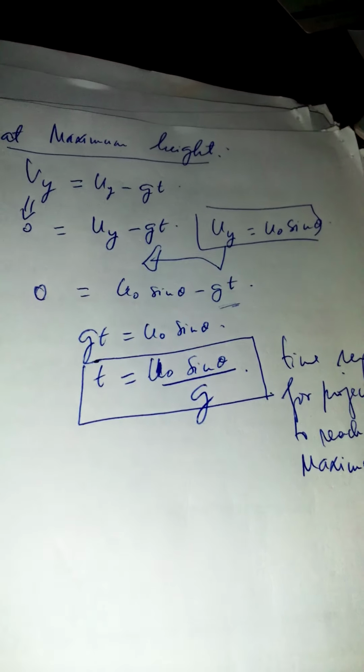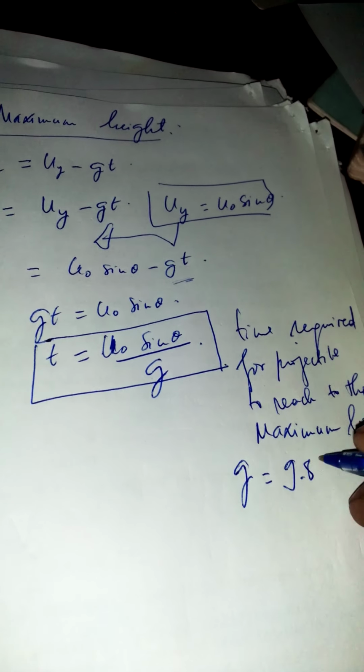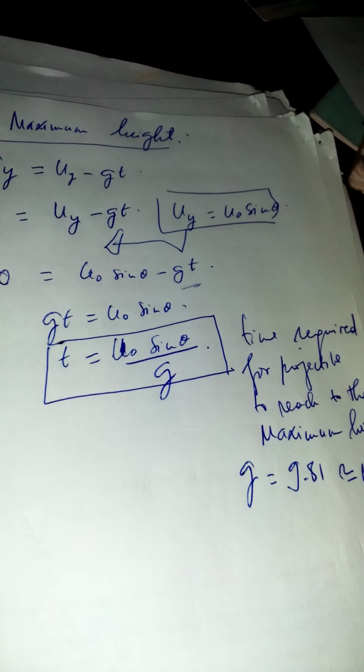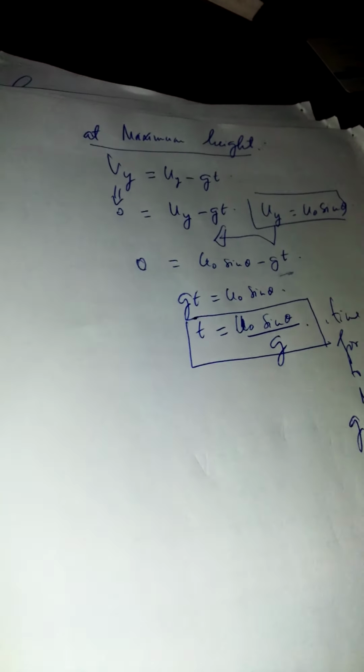And remember, g is a constant, the gravitational acceleration, which is equal to 9.81, approximately 10 meters per second squared. So this is another great equation.